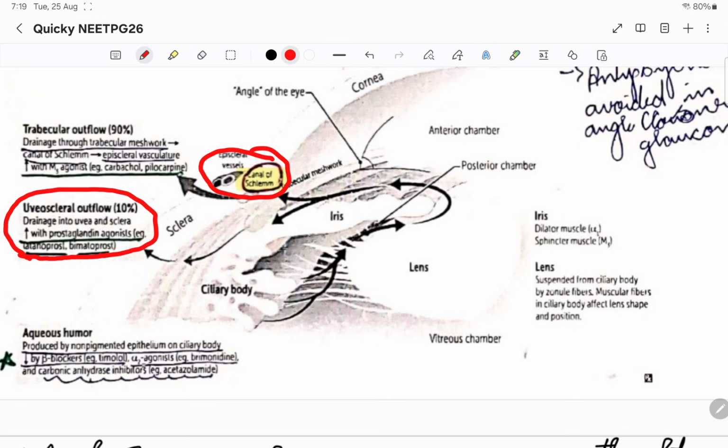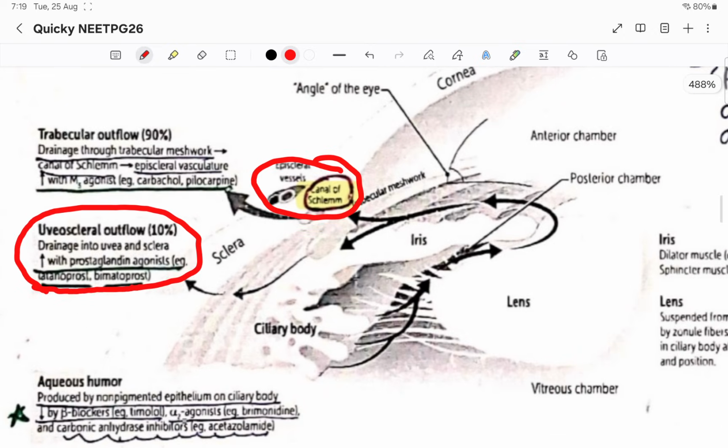If that is affected, that is when we'll get open angle glaucoma. To drain this we are going to use carbachol and pilocarpine, which increase the drainage of the fluid.